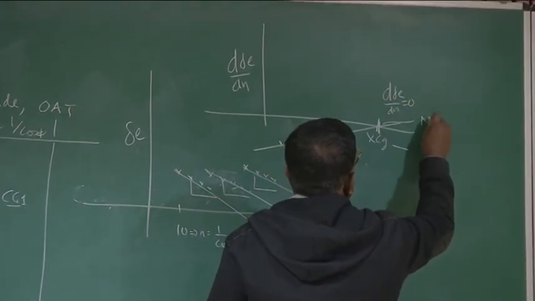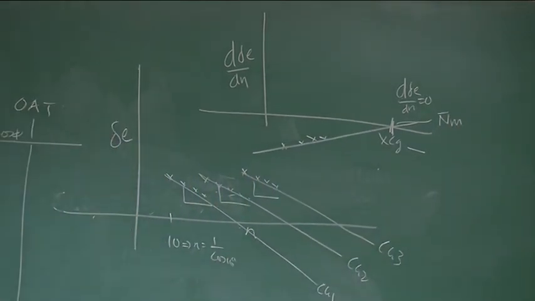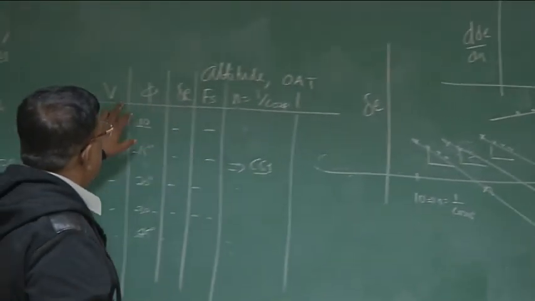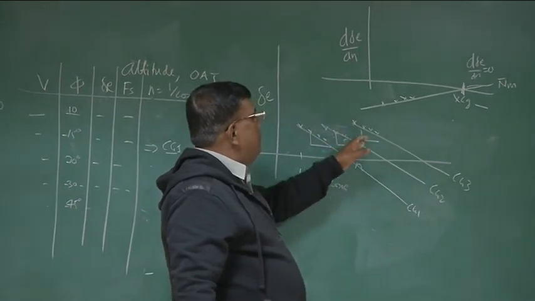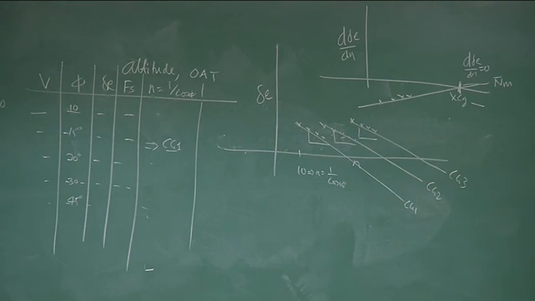So this is Nm, stick fixed maneuvering point. Clear? Delta E, n from 1 by cos phi. I plot it like this for different CG locations, take the slope, cross plot, extrapolate, get stick fixed neutral point.